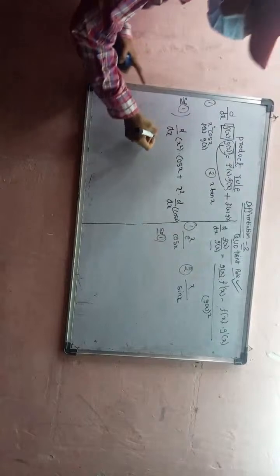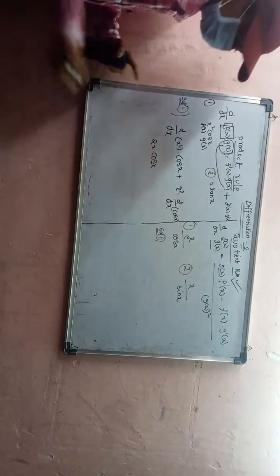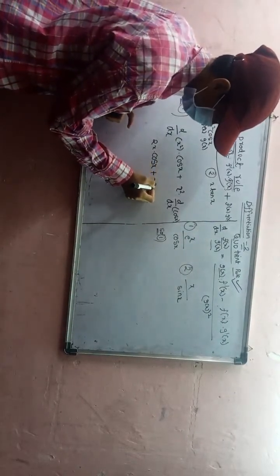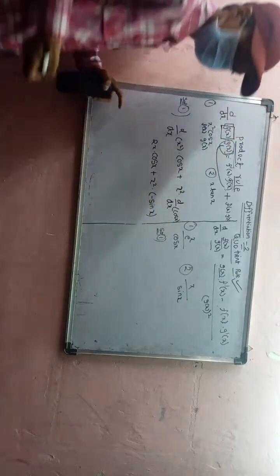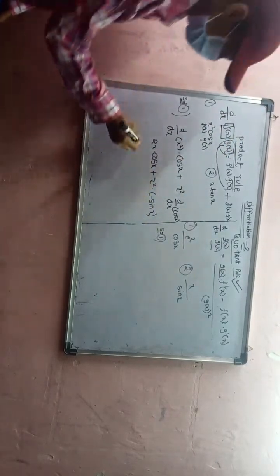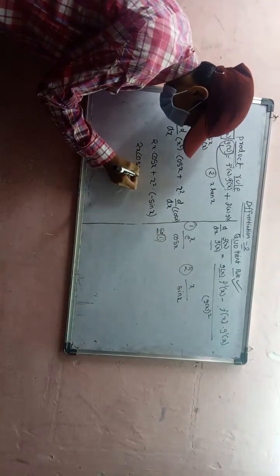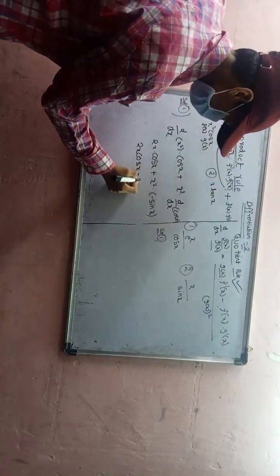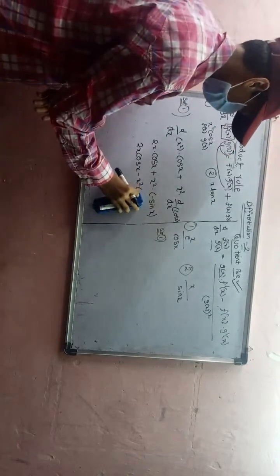Now if you do it, you will get 2x into cos x plus x square into minus sin x. Clear? So you will get 2x cos x minus x square into sin x.